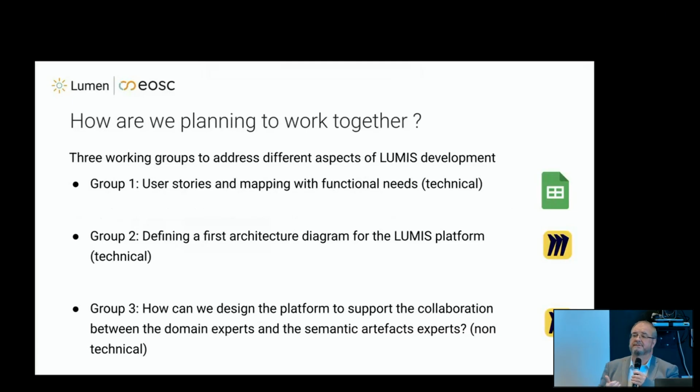And the third group is something that came up from discussions when we presented within Lumen from the communities. Because LUMIS is a bit peculiar. It's not directly linked to the scientific communities, right? This platform is aimed at the people who are going to build the ontologies for these communities. However, it is impossible for an ontologist to be the domain expert, so we will have to interact with the different experts in the communities to actually build these knowledge models.